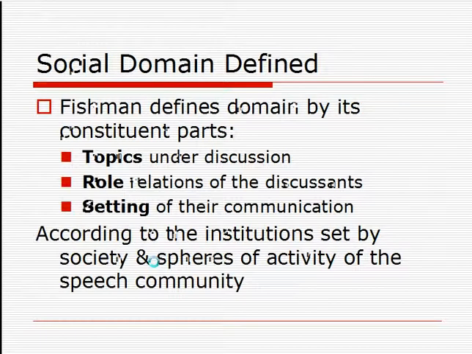Joshua Fishman proposed the idea of domain as an institutionalized context of communication. The parts of a domain include specified topics under discussion, the role relations of the discussants, and the setting of their communication.